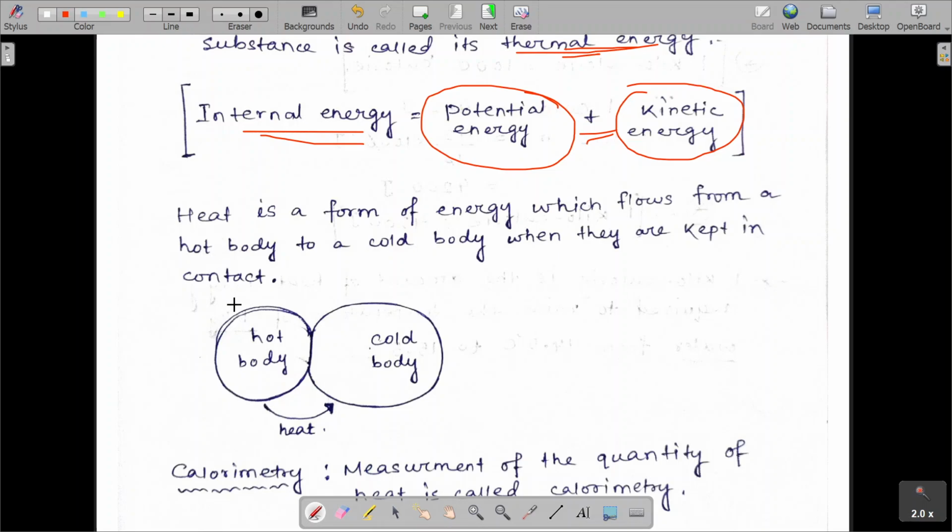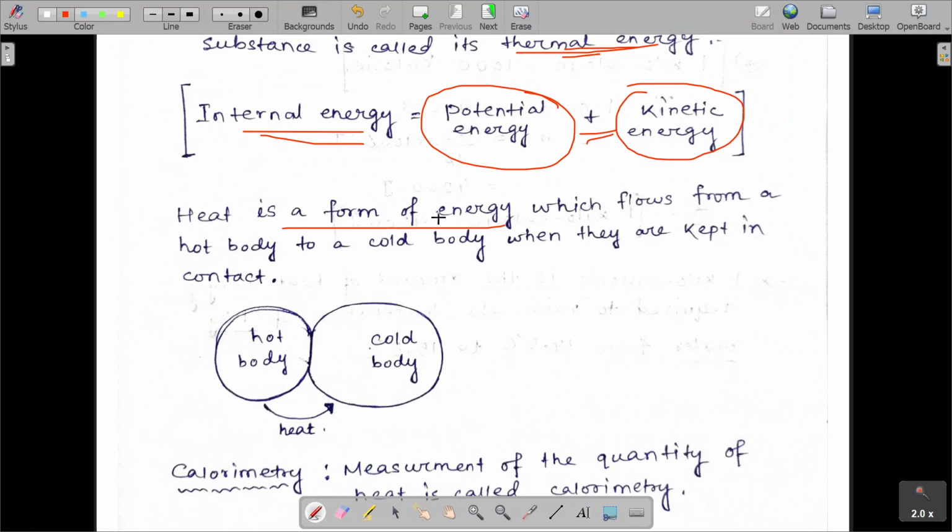Now, what is heat? If I ask you what is heat, what will be your answer? You will say yes, it is a form of energy. Heat is a form of energy, just like light and sound.